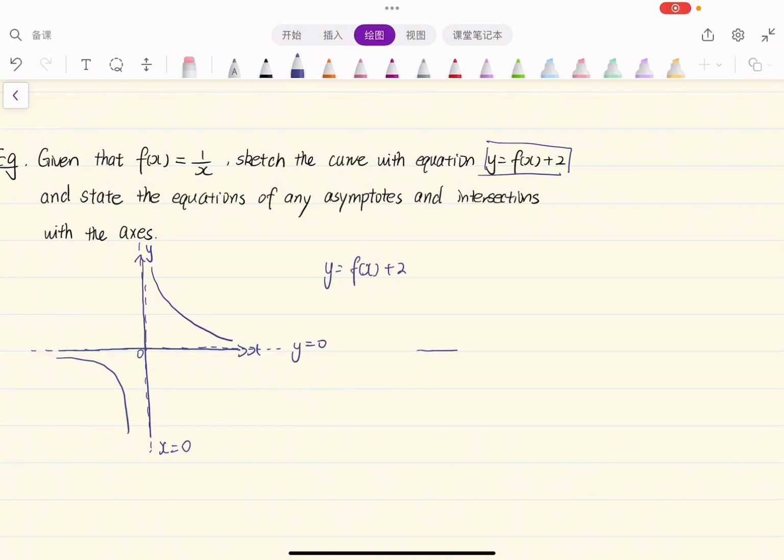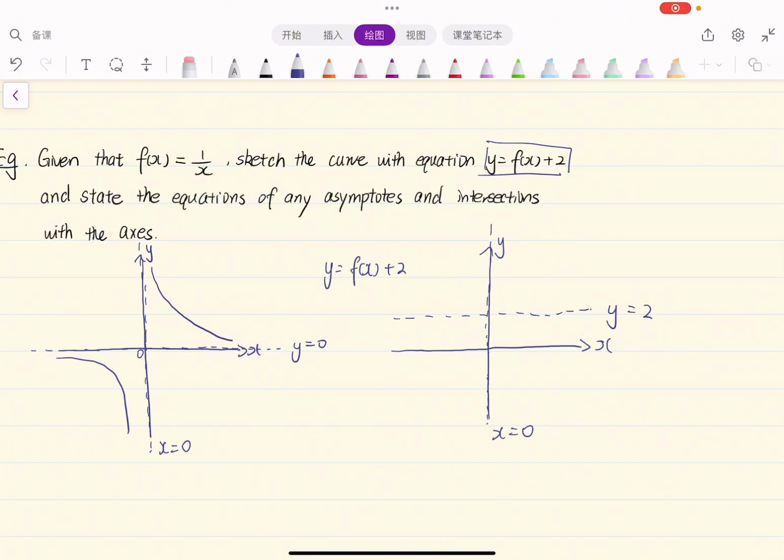So we have y and x. The asymptotes need to move up 2 units vertically. So the new asymptote is y equals 2, and the other asymptote stays the same, x equals 0, and we redraw it.